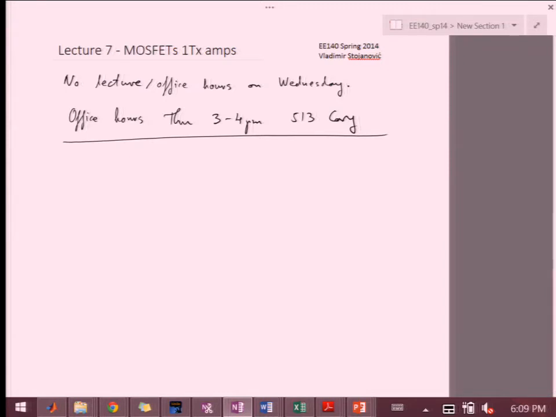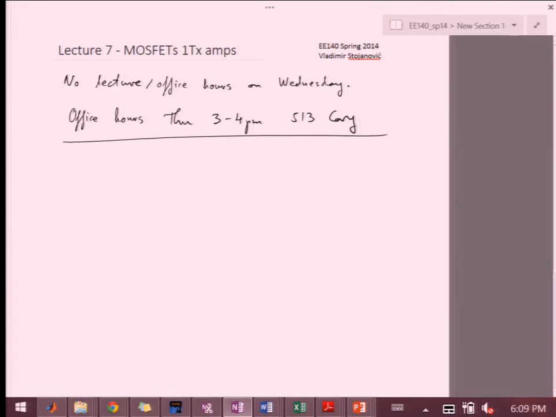Just like we had common gate, common base, common emitter, common collector configurations in bipolars, now we're going to have common gate, common drain, common source configurations with MOSFETs, with some variations in the expressions, because here we have this GMB effect, which is the source body effect, that makes things a little bit nastier when you try deriving the full equations.